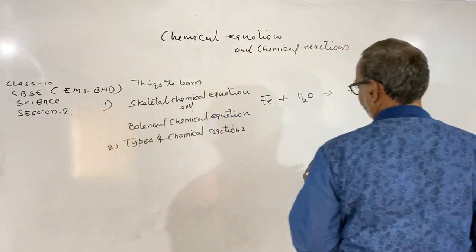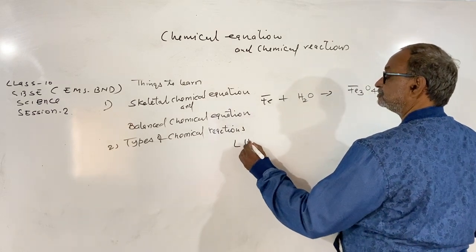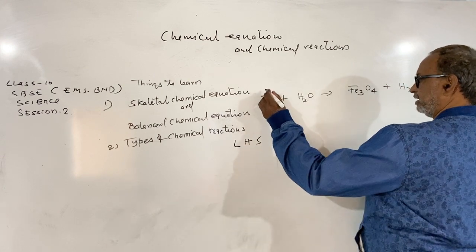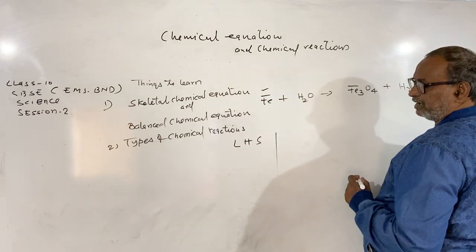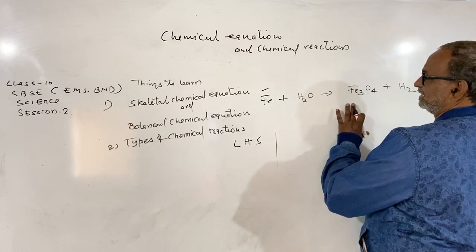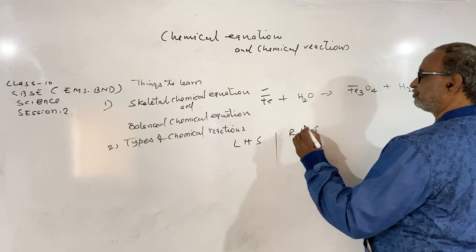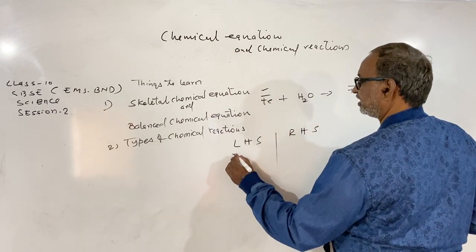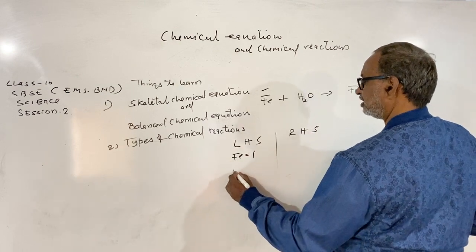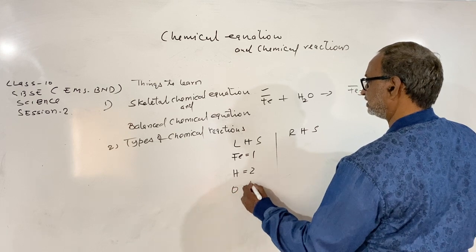In the first step, you write down the number of various atoms on the left hand side and right hand side separately. For example, on the left hand side, number of iron atoms is 1, hydrogen is 2, that of oxygen is 1.